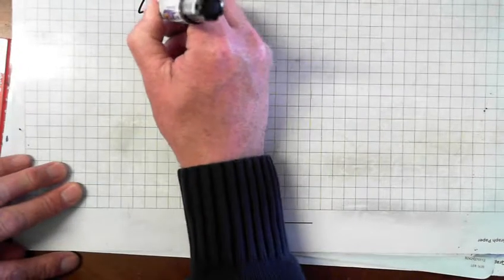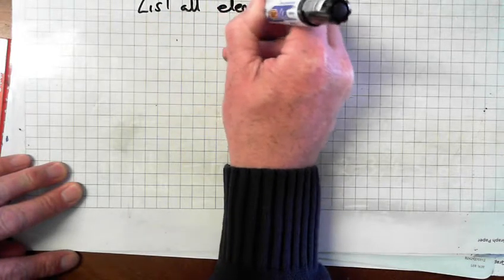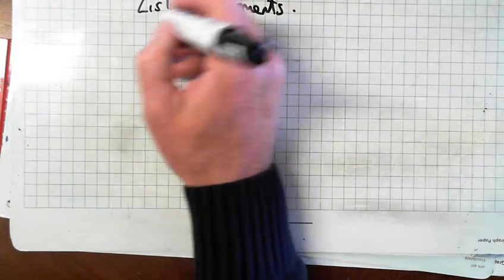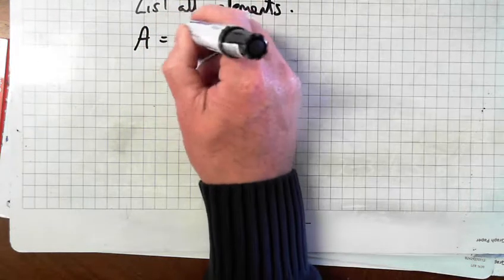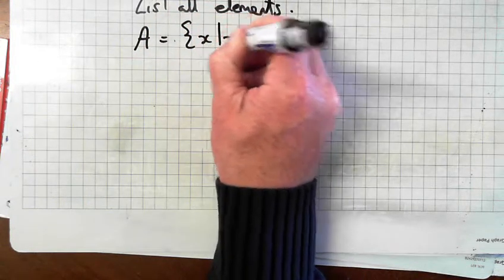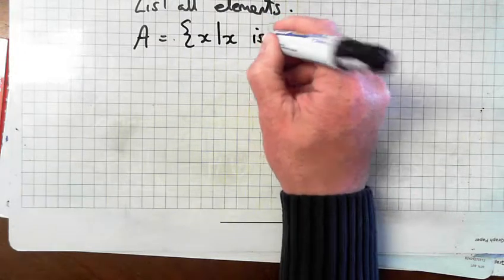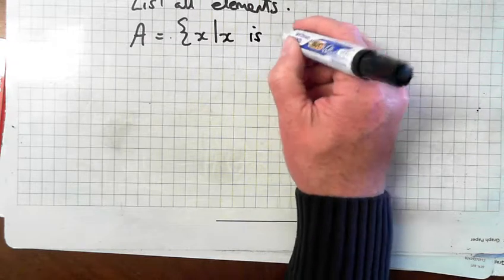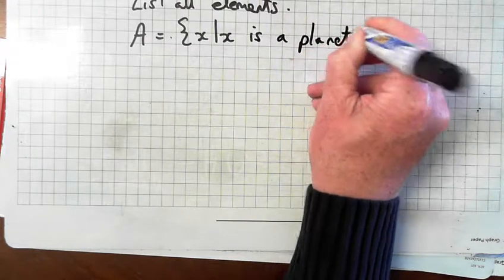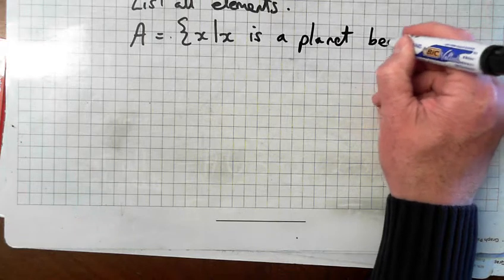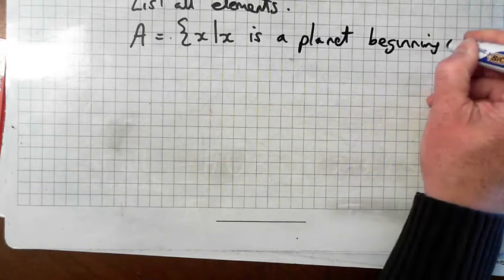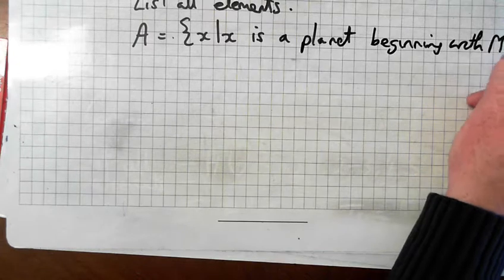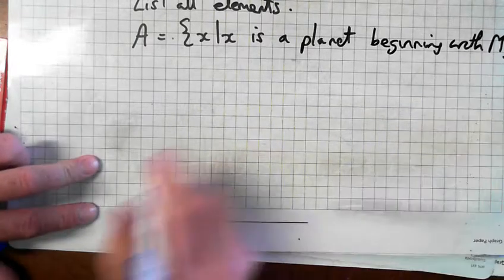All right. There's another question here. List all elements. So for example, X. List the elements of X such that X, this line means such that, X is a planet beginning with M. Alright, can you name the planets beginning with M?